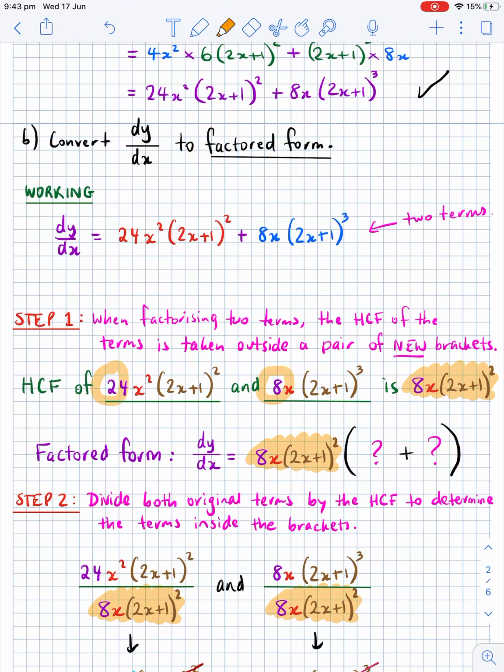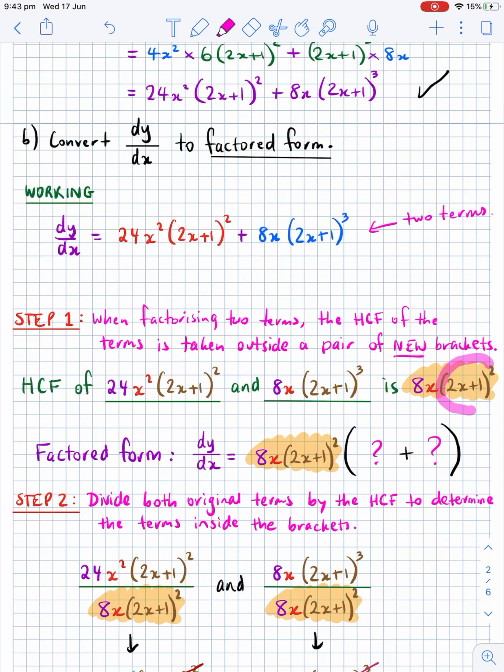I look at the 24 and the 8, and I think 8 is definitely going to fit into it. So 8 is going to fit into both of these, looking at 24 and 8. If I look at x squared and x, x can fit into those 2 parts. And if I look at these brackets, there's 2 brackets of 2x plus 1, and there's 3 brackets. So 2 of these brackets, so like 2x plus 1 squared, can fit into both of these terms.